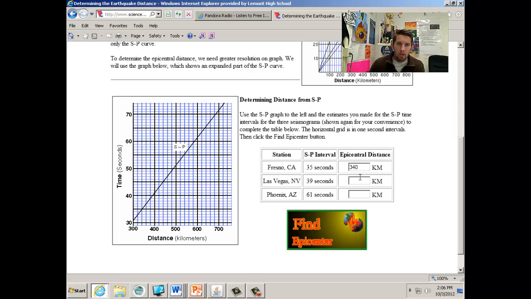How about Vegas? Vegas, we were at 39 seconds. Okay, we're looking at 380 kilometers epicentral distance. And Phoenix, it took 61 seconds. We're up here, so we're looking at about 595 kilometers for epicentral distance.